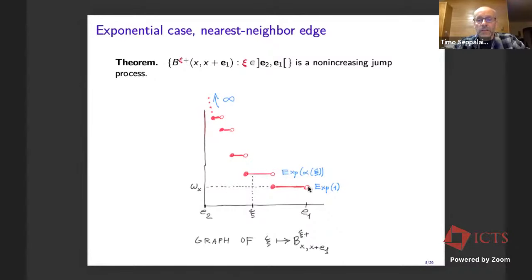This bottom value, the last one reached, that's the weight omega x itself. So it follows from the construction of the Busemann process that if your direction vector is close enough to e1, then the geodesic takes an e1 step, and then the Busemann function is equal to the weight itself. And then as you go towards e2, the values start to increase like that. So that's what it looks like.